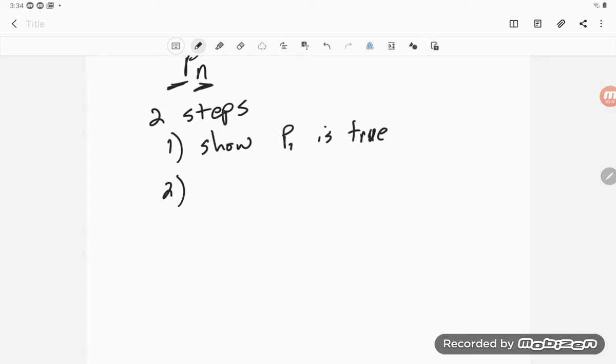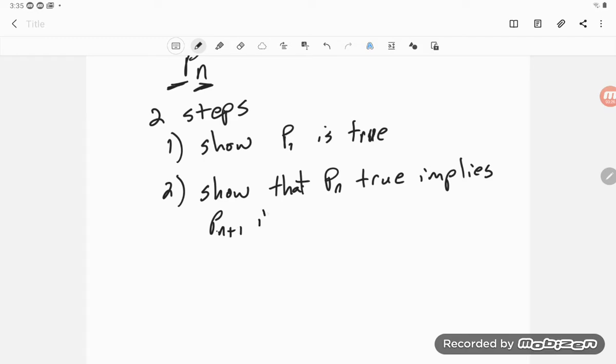And then 2, this is the recursive part, you show that P sub n true implies P sub n plus 1 is true for n greater than or equal to 1.